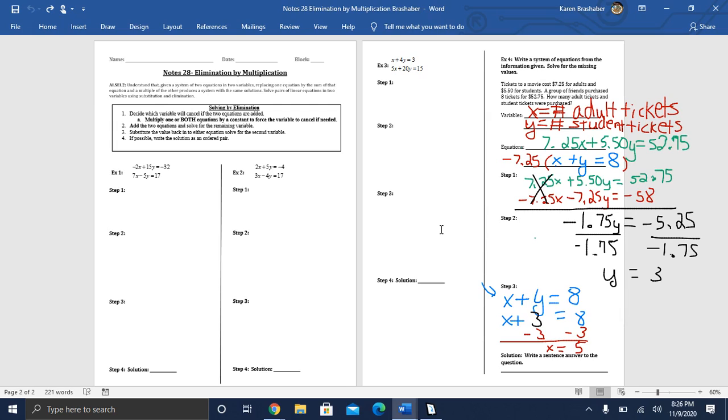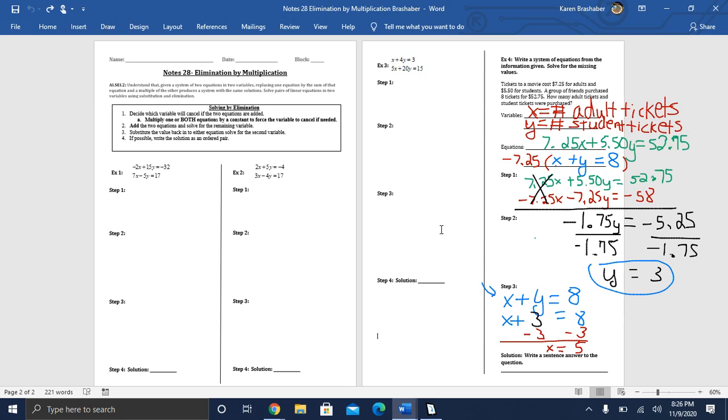I substituted in my y value of 3 in place of the y, and so I have x plus 3 equals 8. I'm subtracting 3 from both sides to get x equals 5. And I might add that this would certainly be the equation to choose and not the green money equation. You'd have a lot more work to do in that. So use your easier equation to substitute back into.